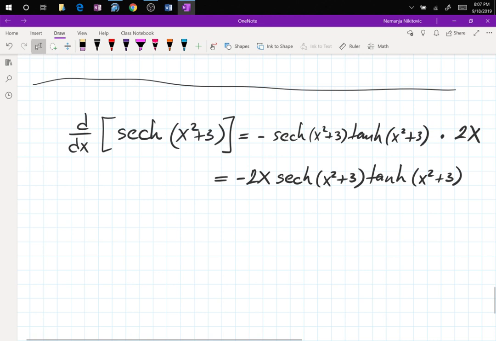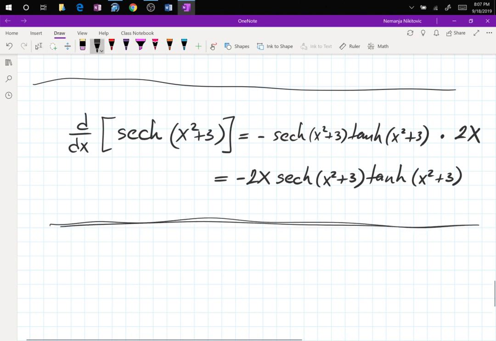Let's practice another one of these. What is the derivative of x squared times cosine hyperbolic of square root of x, just to be a pest?